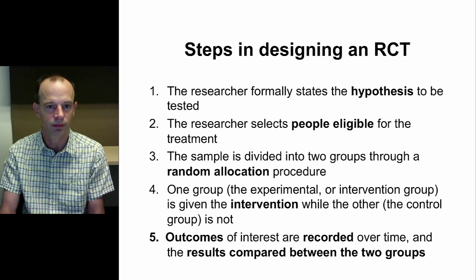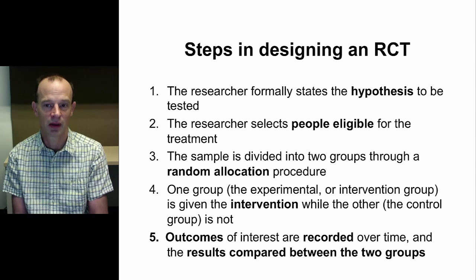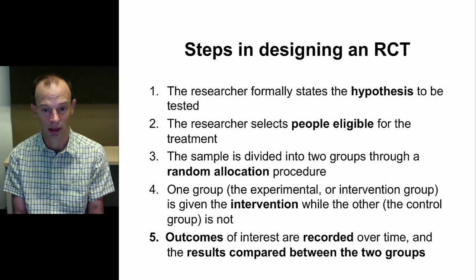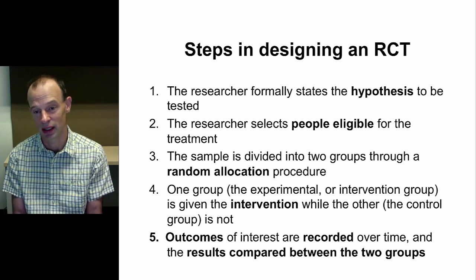So the steps in a randomized clinical trial. First of all, a researcher formally states what the hypothesis is that you're going to be testing. Usually this is done in terms of writing out a study protocol, and often is needed as part of a funding proposal to get your study funded.